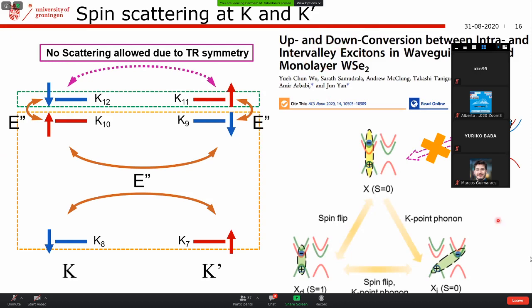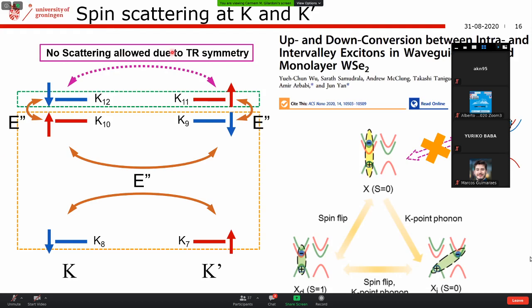And what they find is that, although they see various conversion processes going on, they never see any evidence of this conversion process that I highlight here with this arrow, where we transform a bright exciton into an inter-valley bright exciton. So this is very much in line with our conclusion here that this scattering is protected by time reversal symmetry.